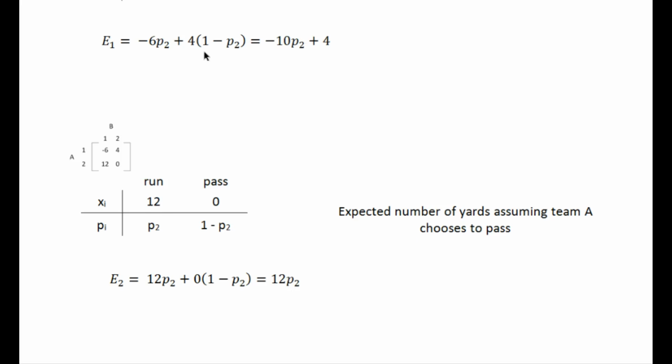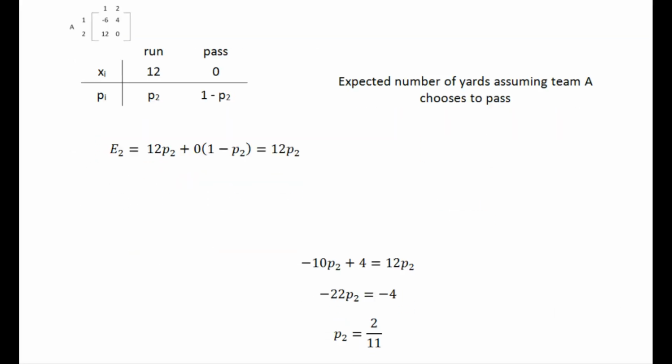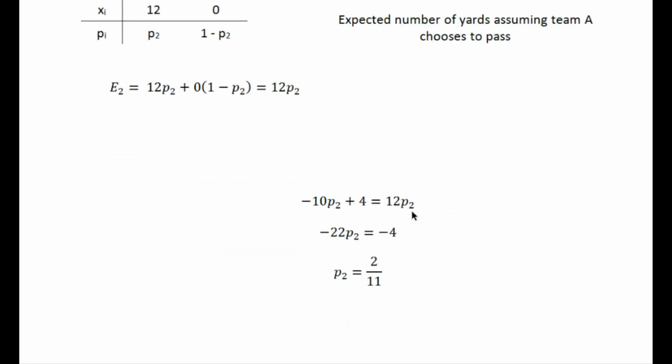So we've got the expected value, assuming Team A runs the ball, -10 P2 plus 4, and the expected number of yards, assuming Team A passes the ball, 12 P2, and we'll set those equal. Again, use a little bit of algebra, and we'll get that P2 equals 2/11.